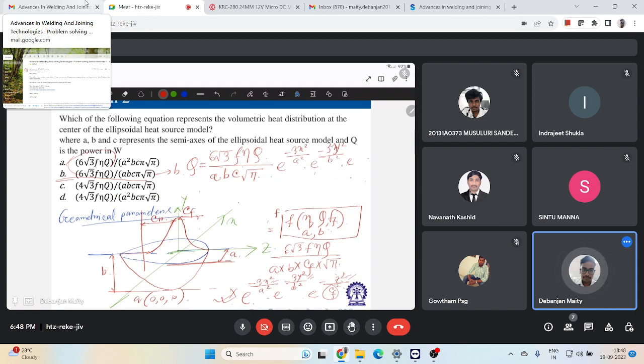This is a generalized equation of an elliptical heat source. If you don't remember, I'm writing it down over here. So this is a generalized term of an elliptical heat source.